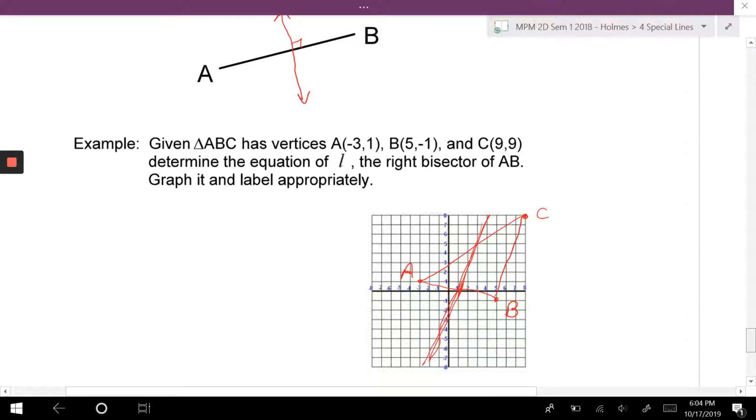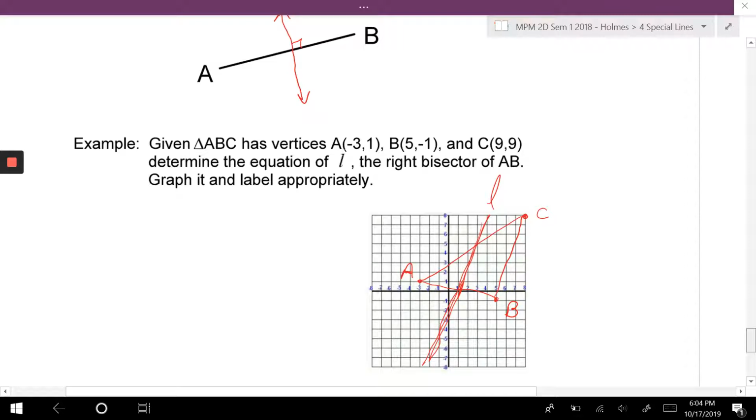We need to determine the equation of this line, and then graph and label it appropriately. So this is going to be my line L. I know it's going to look approximately like that, and after I've done it algebraically, I'll go in and put my points on exactly. The system doesn't seem to be working too well, so I'm not going to try to connect the dots with the lines.